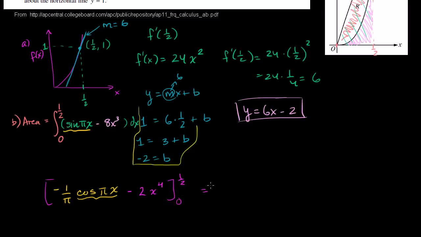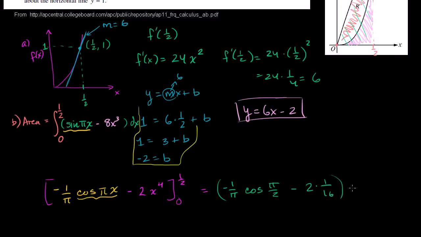When you evaluate it at 1/2, I'm going to get negative 1 over pi cosine of pi over 2, minus 2 times 1/2 to the fourth power, which is 1/16. So that's it evaluated at 1/2.